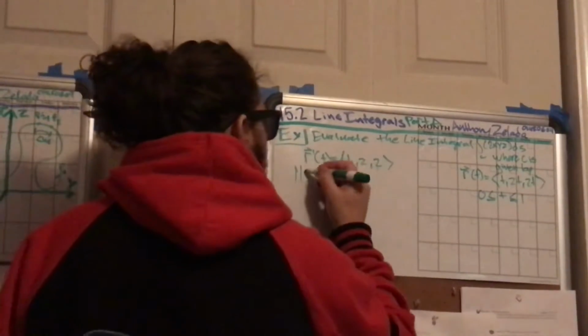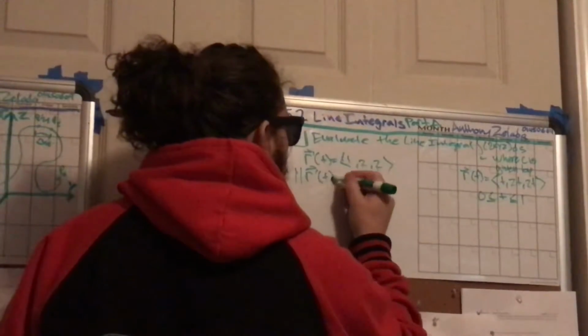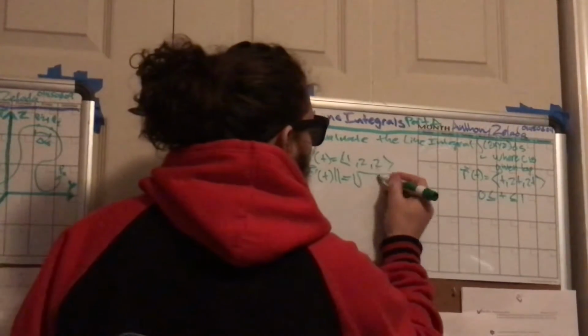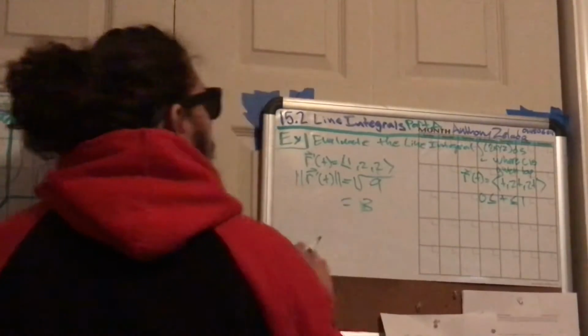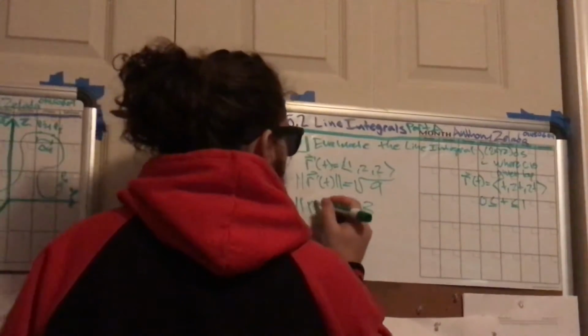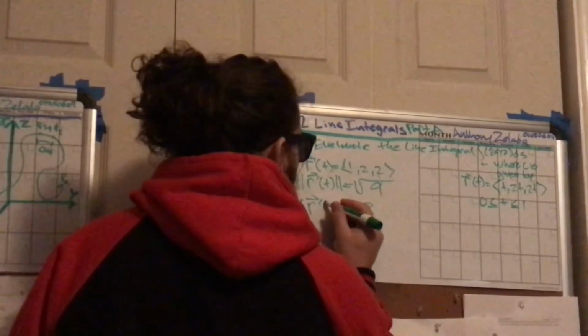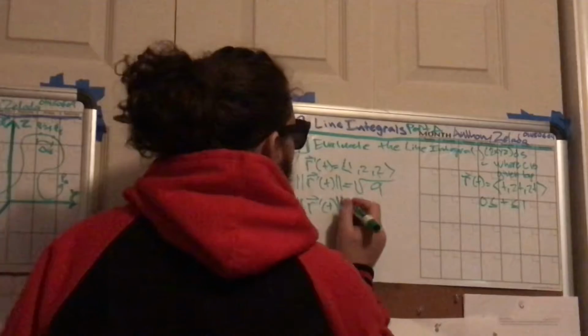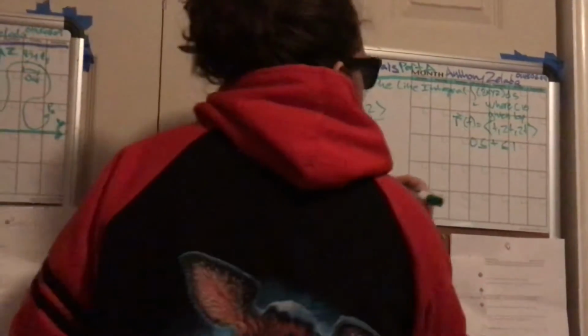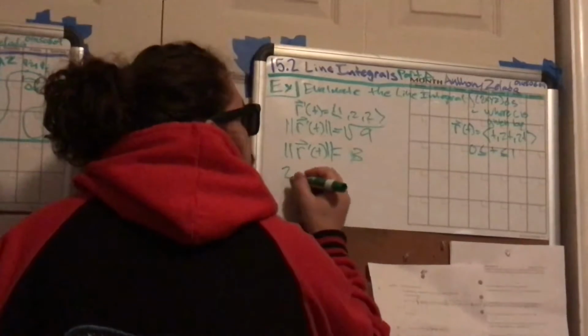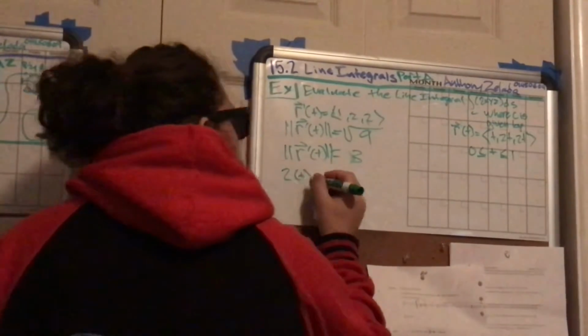Alright, let's take the magnitude. There we go. We got our magnitude of vector r prime of t here. And now we need our function in terms of t, because now we're doing it in terms of t. So it would look something like this.